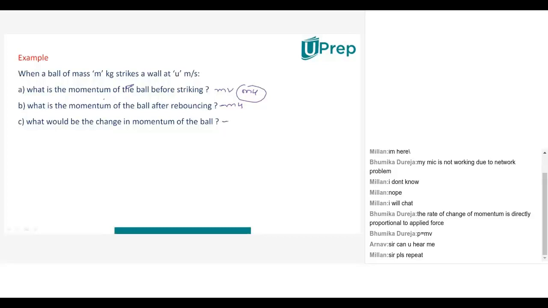So momentum is the amount of motion in a body. Tell me the expression. mv. mv means mass into velocity. Very good. So that only we applied here and we found the answers. Is it clear for all of you? Why we wrote minus 2mu for the change in momentum of the ball?